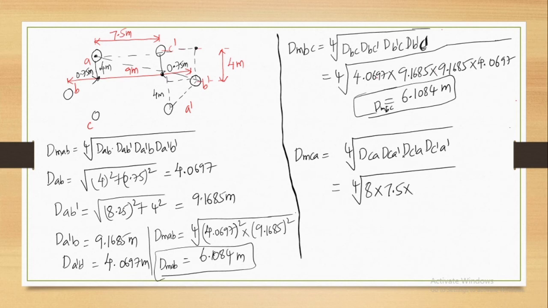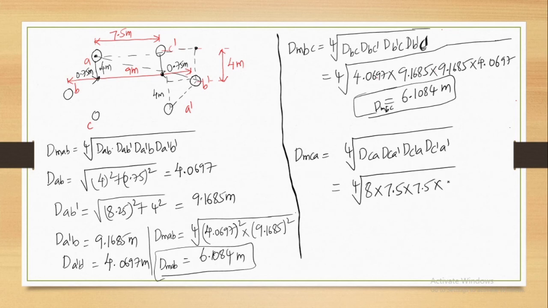Next, C dash to A distance. C dash is this one, A is this one, so the distance is again 7.5. C to A dash distance, same 7.5. Fourth one, C dash to A dash distance.